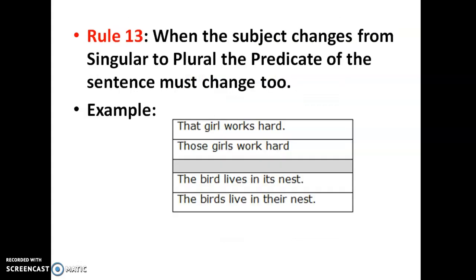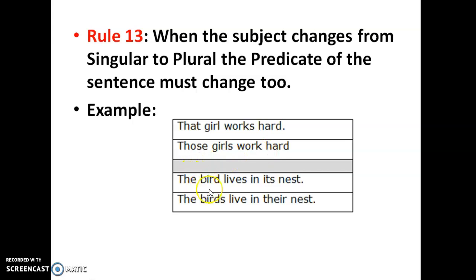Then the 13th rule, when the subject changes from singular to plural, the predicate of the sentence also changes. You can understand with the example. That girl works hard. Here only one girl, so you use works hard. Those girls work hard. Whenever it changes from singular to plural, automatically the predicate, the verb, also changes.